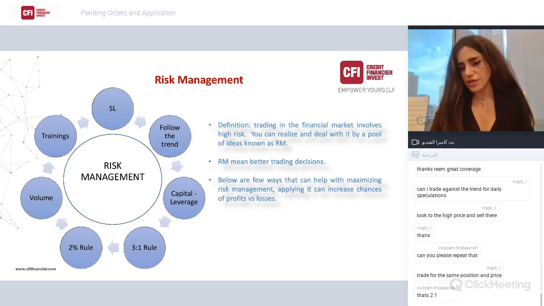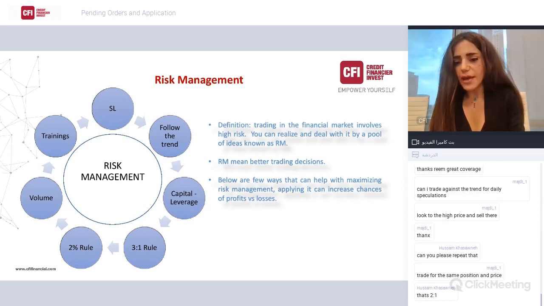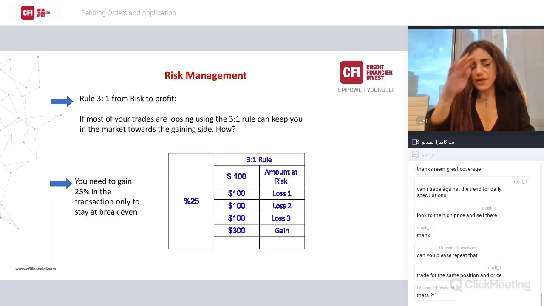So in this case, you kind of manage your portfolio. 25% you might risk losing, but 75% you might gain actually. If one of those three gave you the double gain, you are fine on your losses, okay? So even if you lost 3 times, this chart here explains it even more.